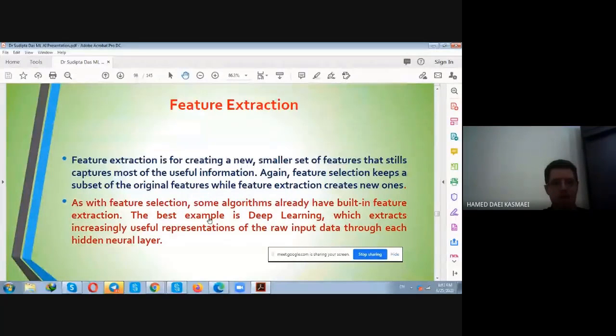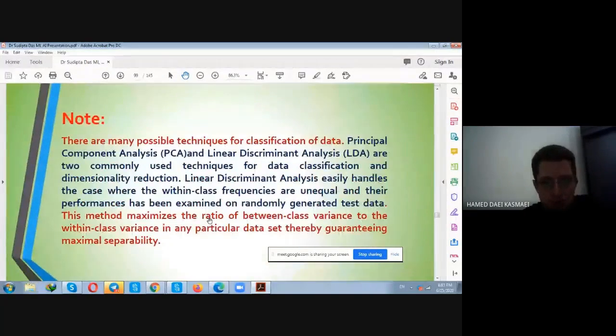There are many possible techniques for classification of data. Principal component analysis, PCA, and linear discriminant analysis, LDA, are two commonly used techniques for data classification and dimensionality reduction. Linear discriminant analysis easily handles the case where the within-class frequencies are unequal, and its performance has been examined on randomly generated test data.